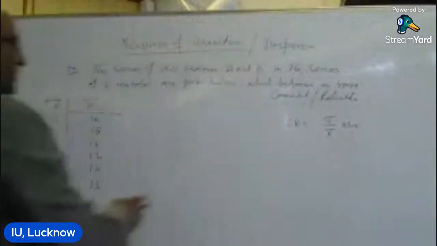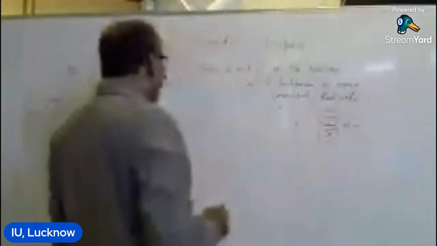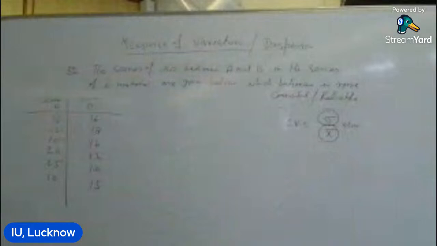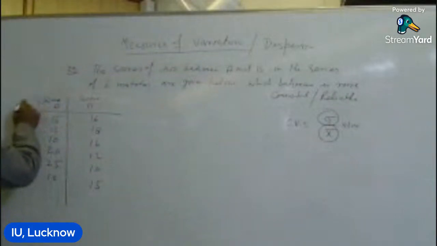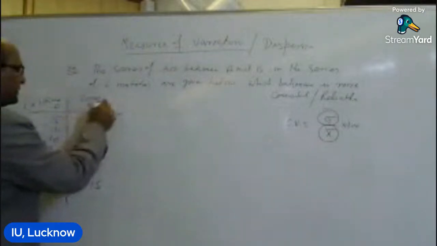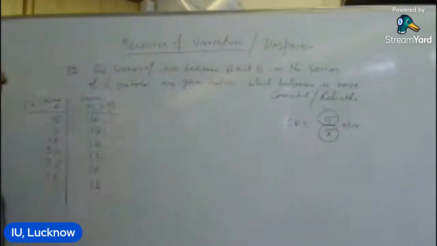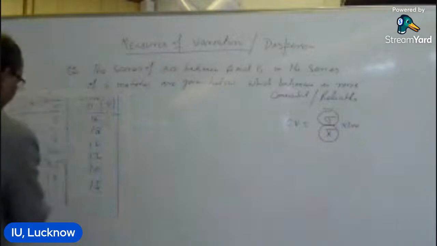So what is the formula? We first have to find the standard deviation and mean of each player. We denote the score of batsman A by X, and the score of batsman B by Y. So first find mean and standard deviation.